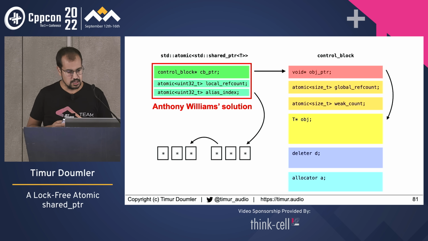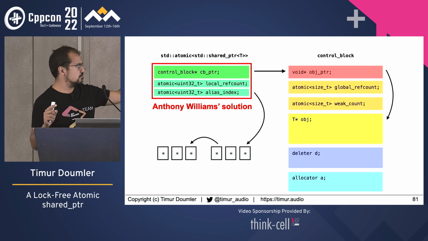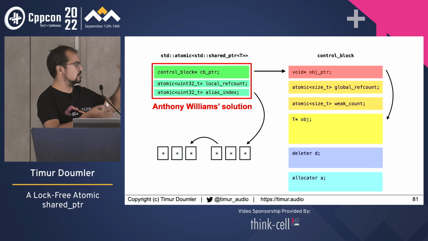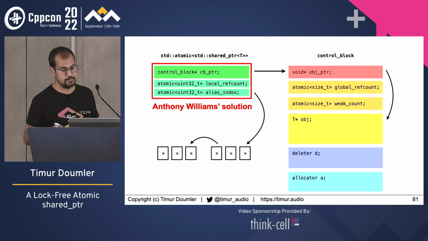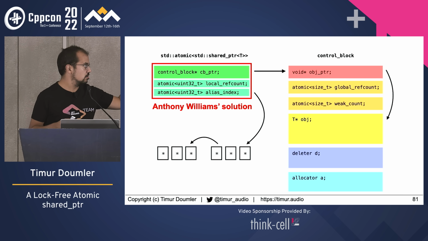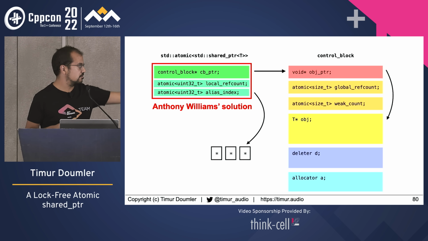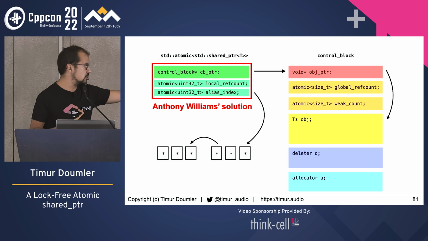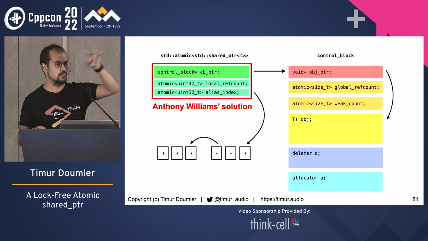If you're on a 32-bit system, and hang on, this is for 64-bit. So now I'm cramming the local ref count and the alias index into 32-bit integers, and that's obviously enough. And so then basically we have 3 slots for the alias pointers pre-allocated. They just live in the shared pointer. And then if you have more than 3 aliases, we keep doing this pushback, and it works a little bit like a linked list in blocks of 3.